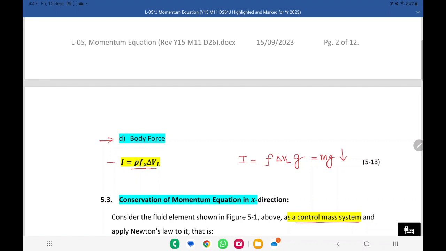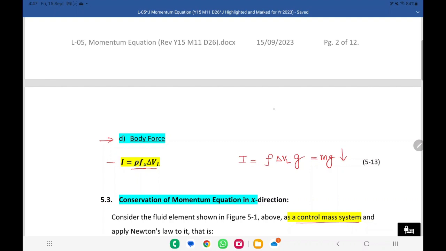But you know your coordinate system is arbitrary. It may not always be minus y as the downward direction or y as the upward direction. You can have x, y, z like this. And if a vertical force is there, it will have components in all the directions.